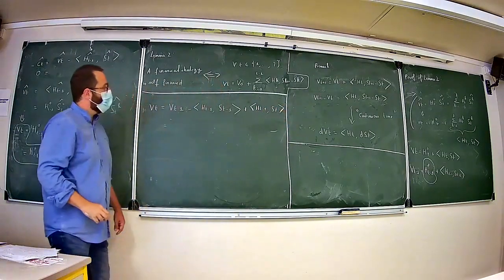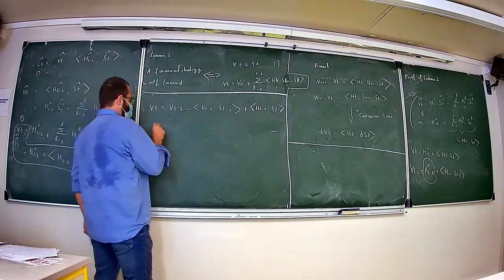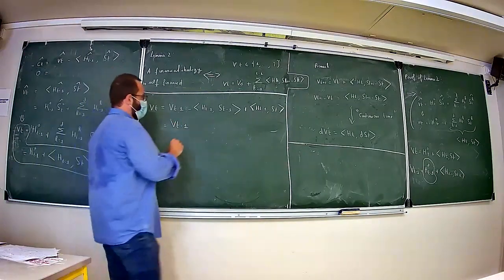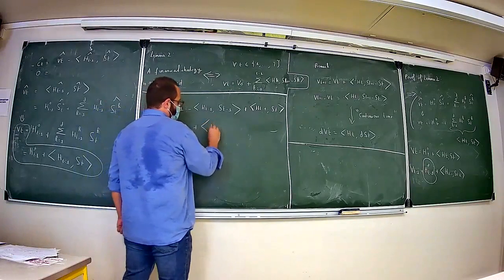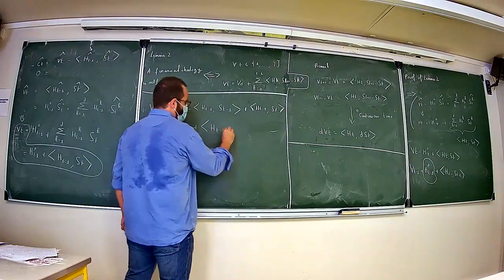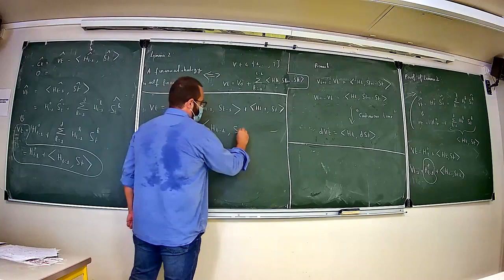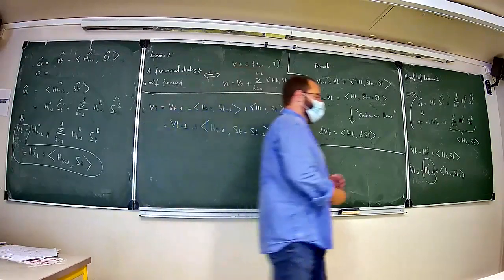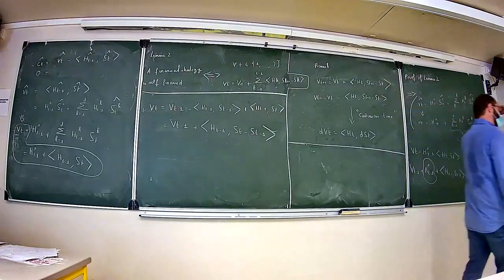And using the bilinearity of the scalar product, I obtain that Vt is equal to Vt minus 1 plus what? H t minus 1 St minus St minus 1. And if you have understood what I have done, it's finished.